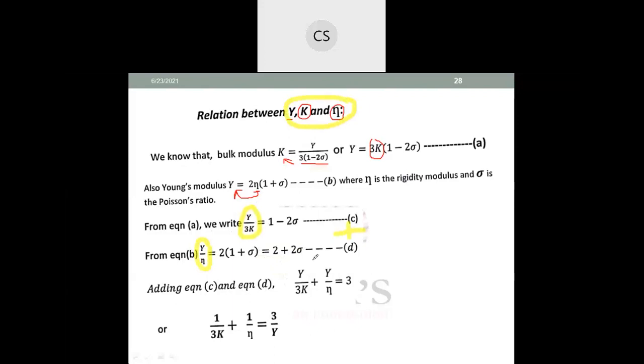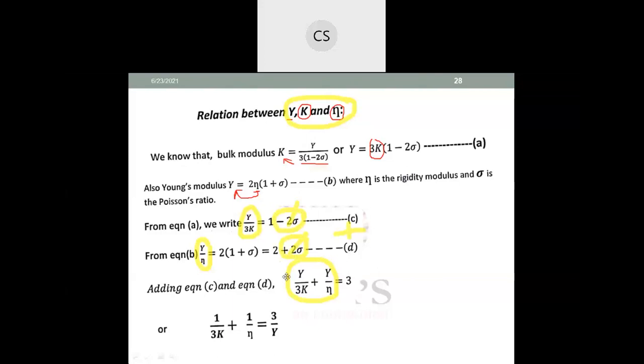That is equal to the sum of the right hand sides: 1 plus 2, which is 3. The second terms, minus 2 sigma and plus 2 sigma, cancel each other. So we are left with 3.